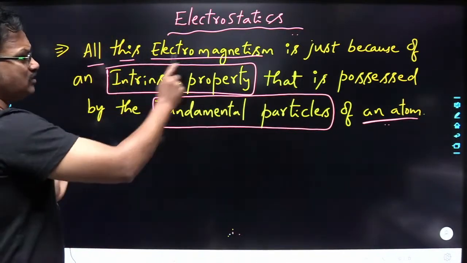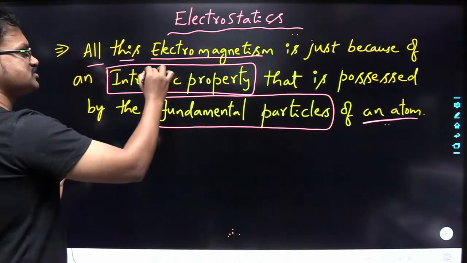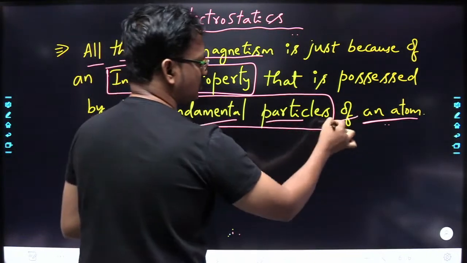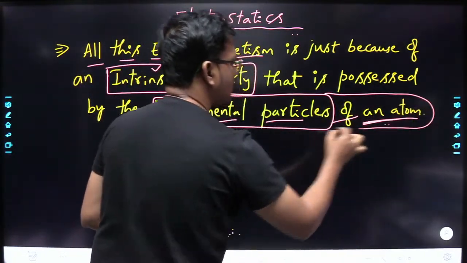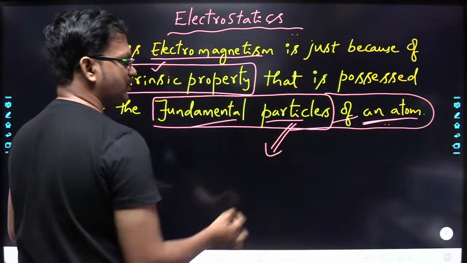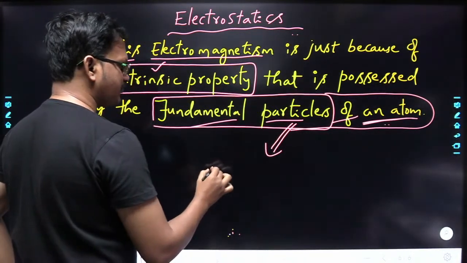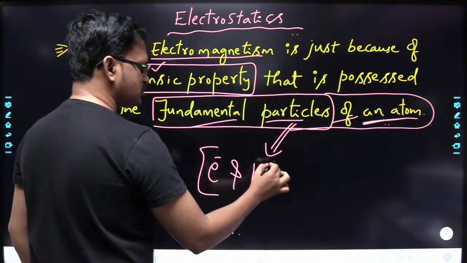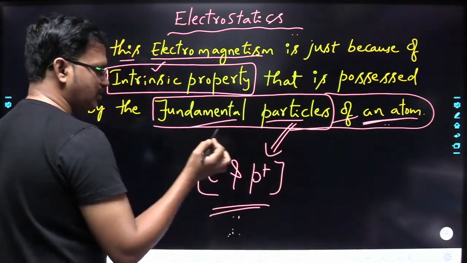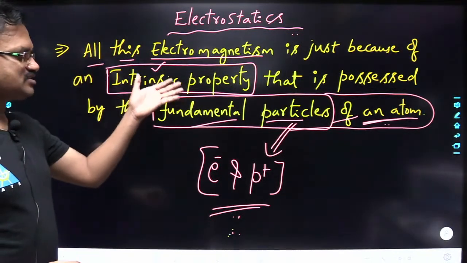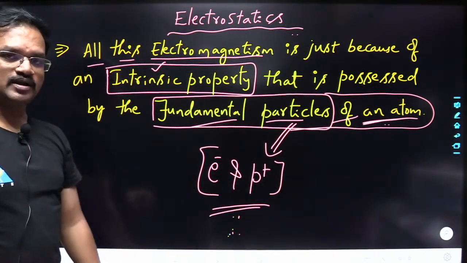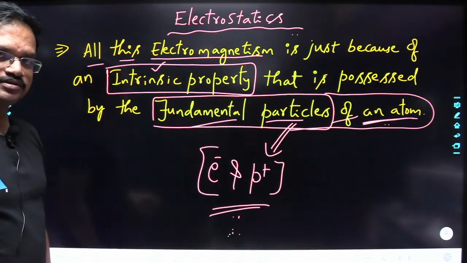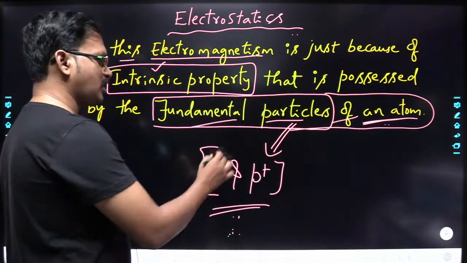So all this electromagnetism is just because of this intrinsic property possessed by the fundamental particles of an atom. What are the fundamental particles of an atom? Electron and proton. Now what is the intrinsic property possessed by these fundamental particles? What is the intrinsic property of electron and proton?